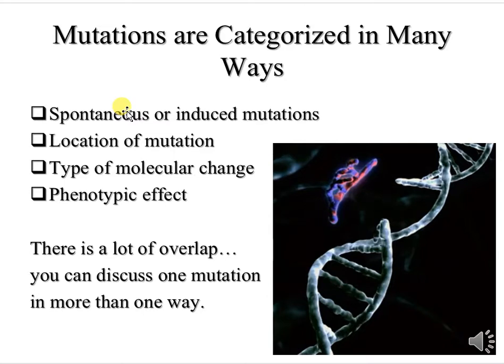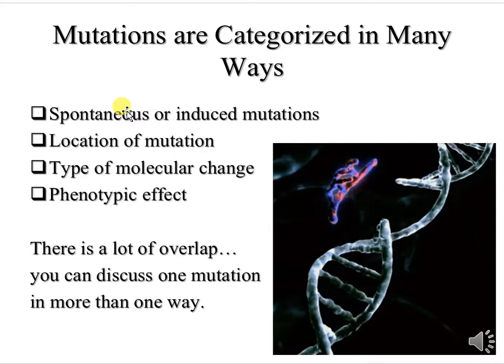Your induced mutations, on the other hand, they're produced by some known factor. So for example, exposure to radiation, especially high gamma or UV radiations, or exposure to harmful chemicals in the environment.